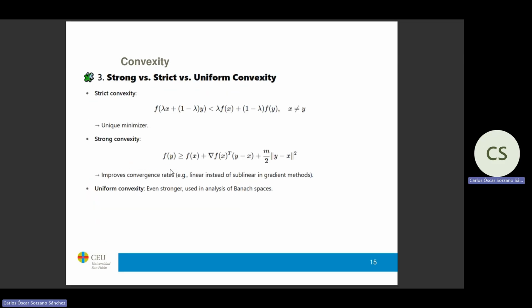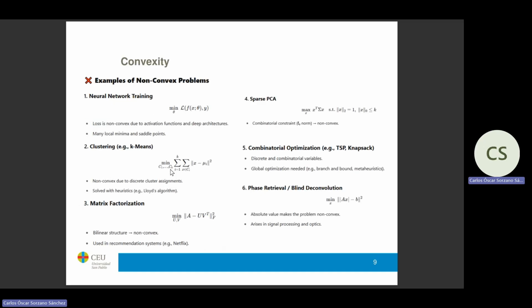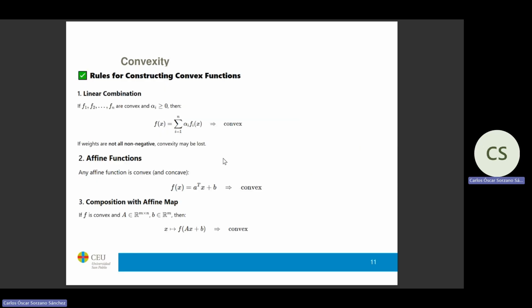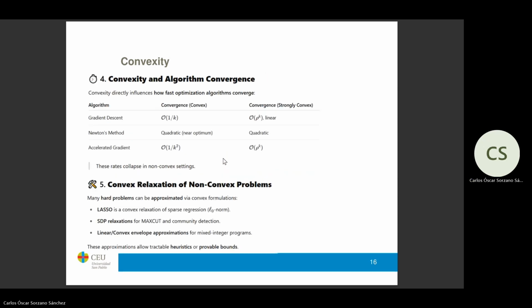We have seen a few problems that we said are very important problems. What we can do here is, if you have a non-convex problem, you relax it. For instance, the sparse regression uses an L0 norm, just counting how many elements are different from zero.